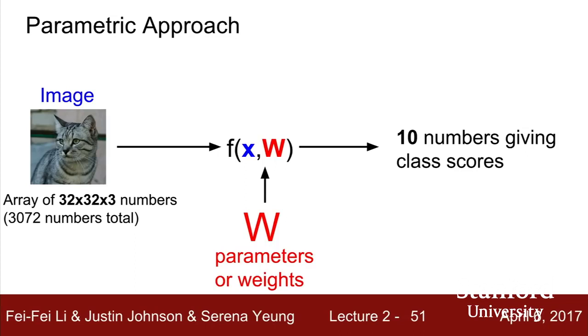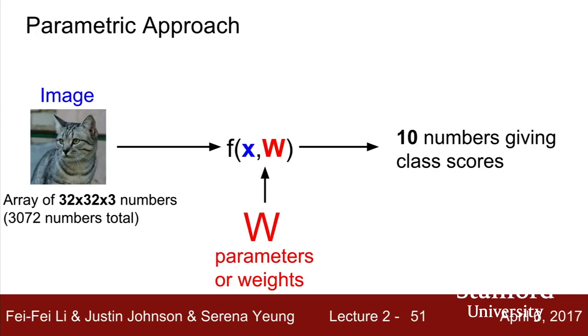The linear classifier is one of the simplest examples of what we call a parametric model. Our parametric model actually has two different components. It's going to take in this image, maybe of a cat on the left, which we usually write as x for our input data, and also a set of parameters or weights, which is usually called W, also sometimes theta, depending on the literature.